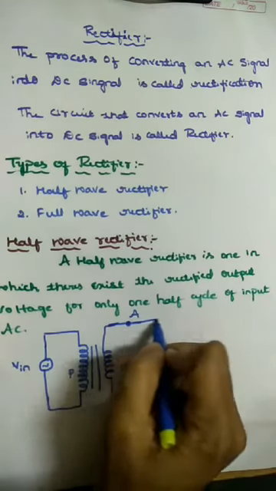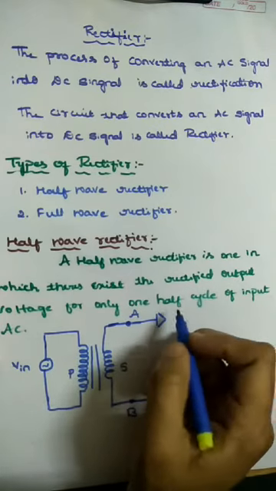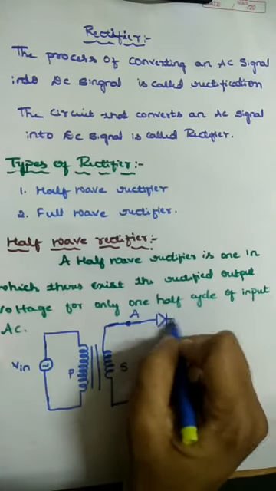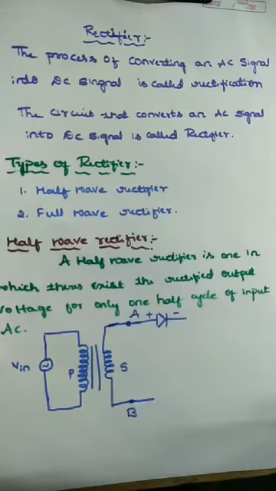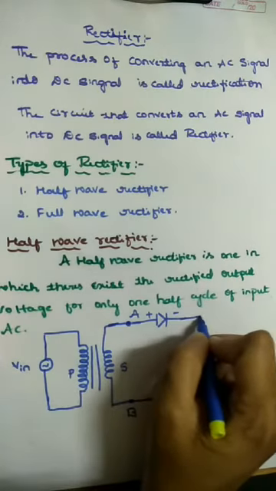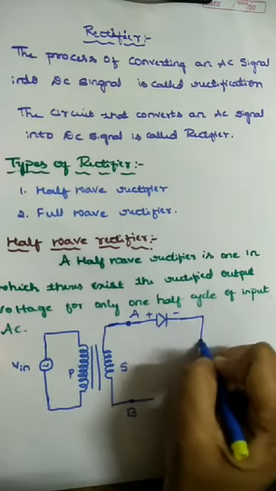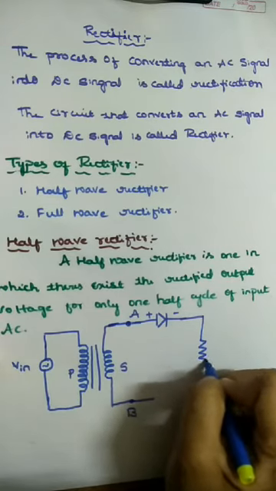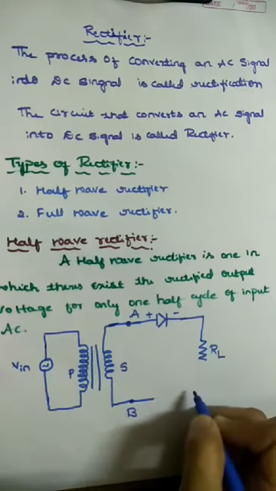Here is the diode, the semiconductor diode. This is the positive side, this is the negative side. The negative side of the diode is connected to the load resistance RL.